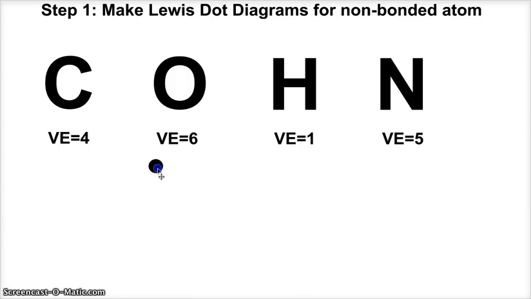So we're just going to draw those, and we draw the electrons as dots that go around kind of in a square around our element symbol.